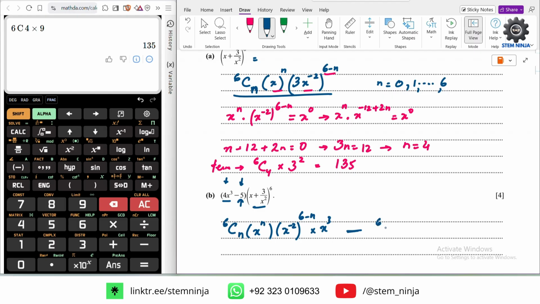Let's call it 6c. So this will be handled differently, and the constant where it multiplies with the 5, that will be the same thing as this one, but with the negative 5. So negative 5 times 135, basically, right?